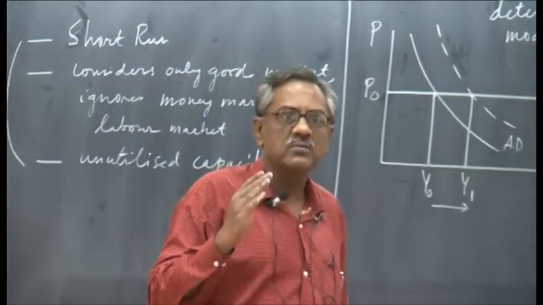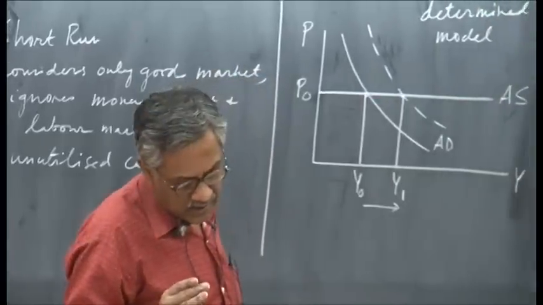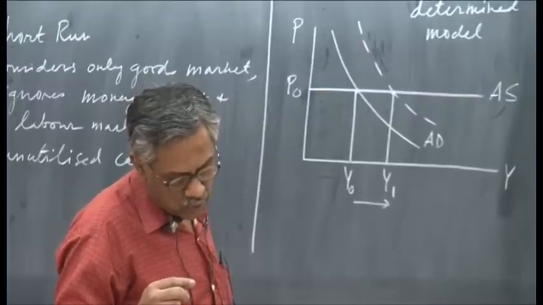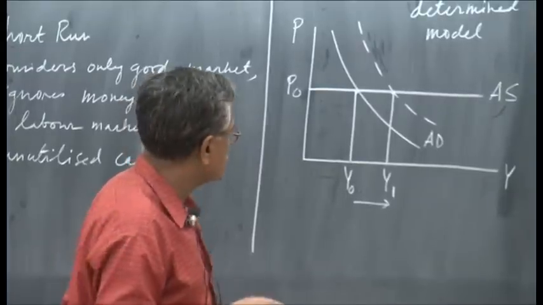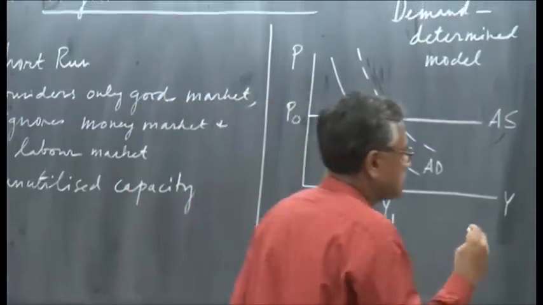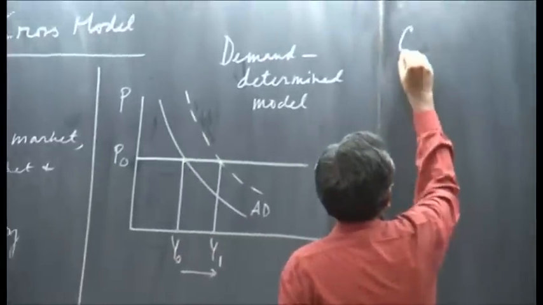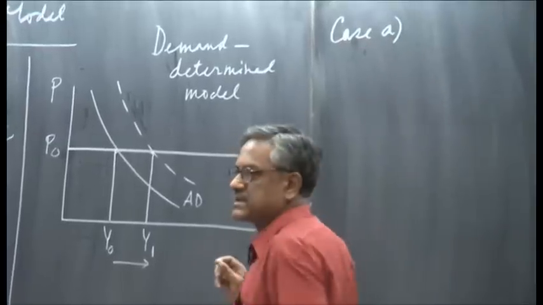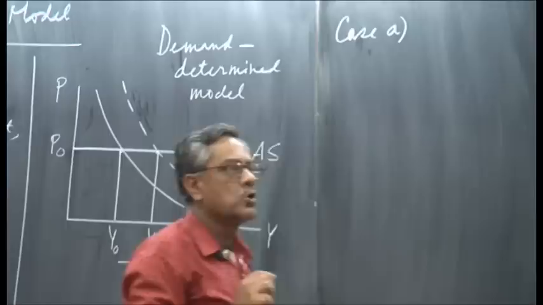Now, in a Keynesian model, we will model the goods market under two simple assumptions. I would first consider case A, where there is no government.